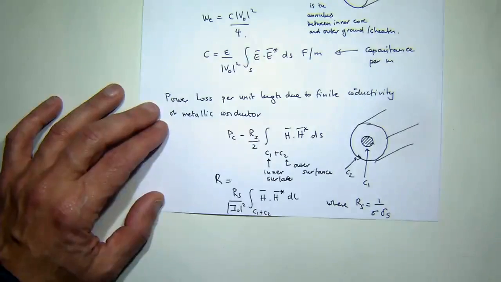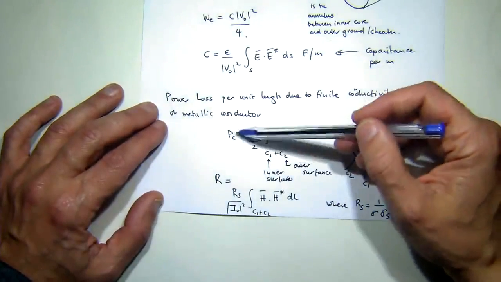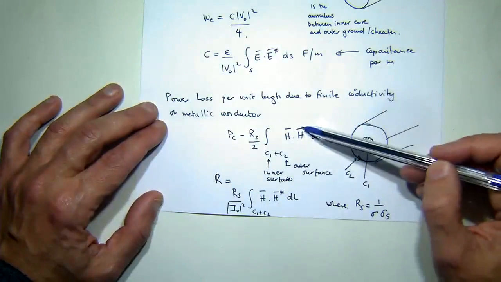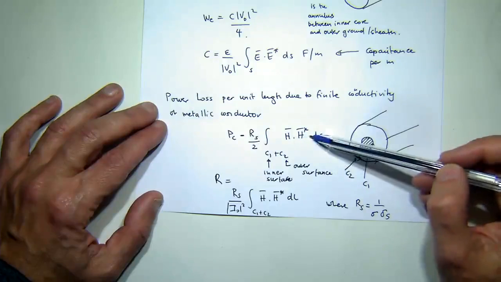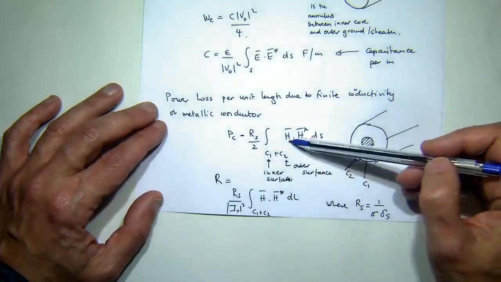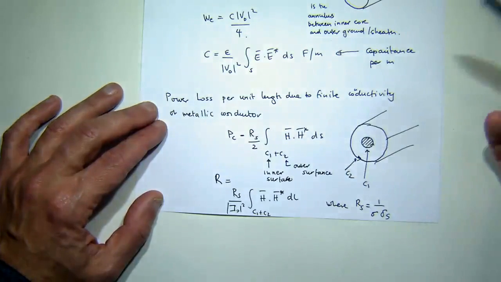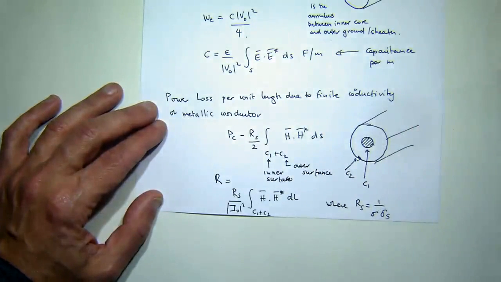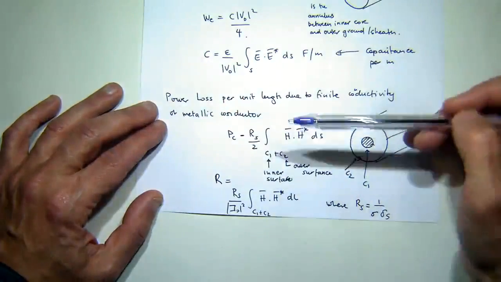Now, the thing that's important here is that when you're working out the loss in the conductor, it's the current that's actually flowing, or the magnetic field in this particular case. We know there's a relationship between magnetic field, displacement current and actual current, and that's just Maxwell's extension to Ampere's law.